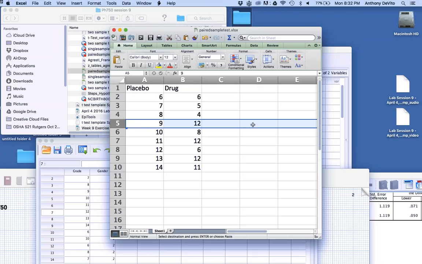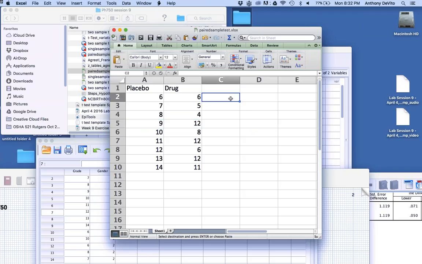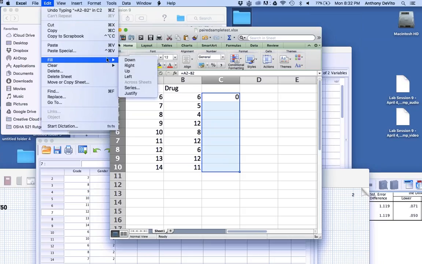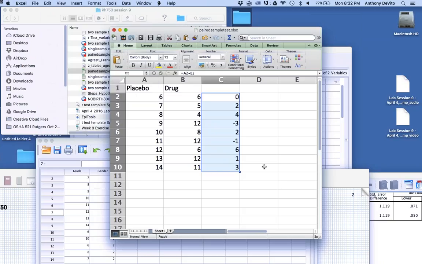So what am I really looking at here? I'm really looking at a difference. What's the difference between the placebo and the drug? Well, it's equal to the placebo minus the drug, let's say. It's equal to 0 for that person, but for the rest of them, it's equal to all sorts of different changes.